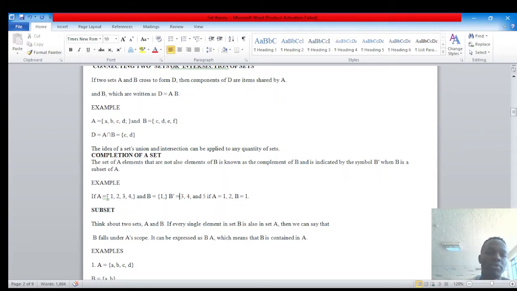So when we come to set A, we remove that 1 because it's already in B. So the complement of B will be 2, 3, 4. We close the bracket like this.